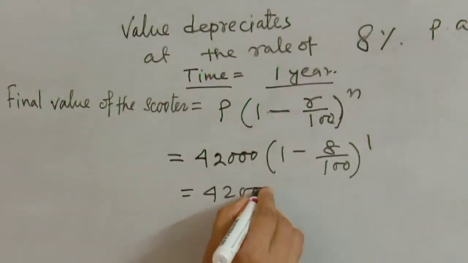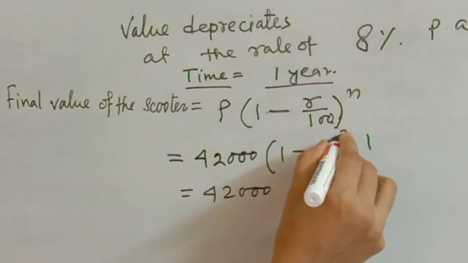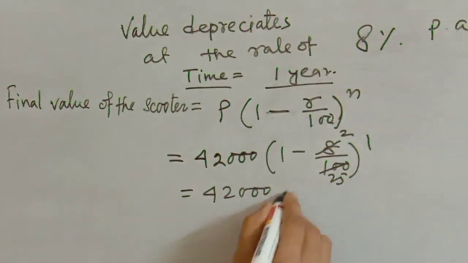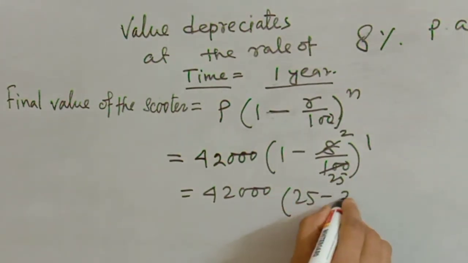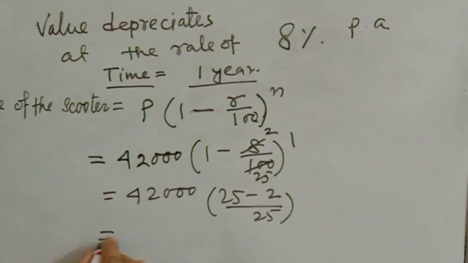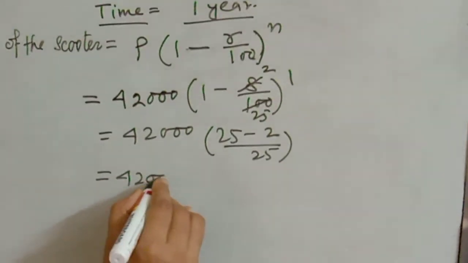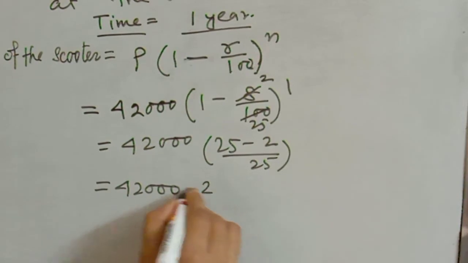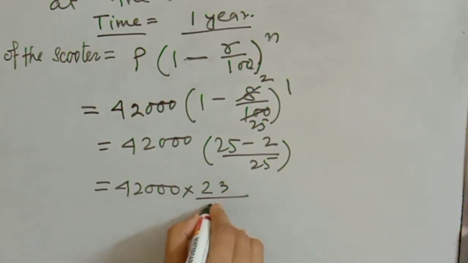Now the value is 42,000 into 1 minus 2 by 25, 25 minus 2 by 25. The result is 42,000 into 23 by 25.